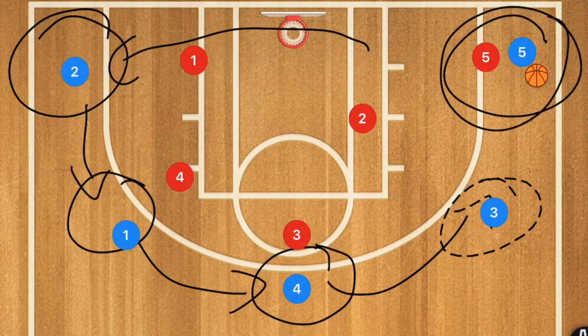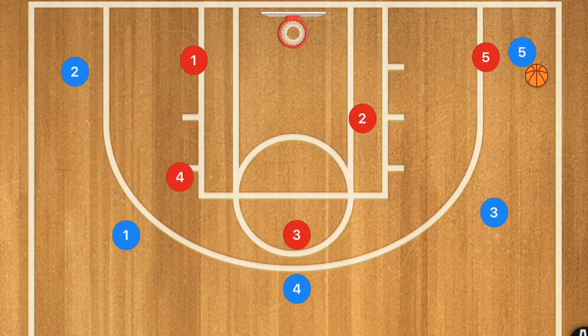If this player doesn't have a shot and didn't have the chance to pass to the cutter, he needs to make sure this pass goes to player 3 while player 3 is running to that wing. The reason is if he waits too long to pass this ball, then player 3 red is going to be in deny, and that ball will most likely be picked off.